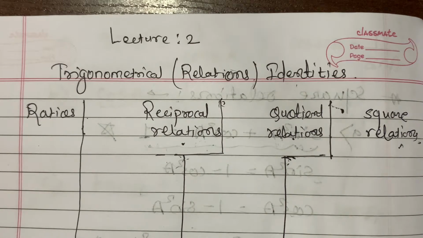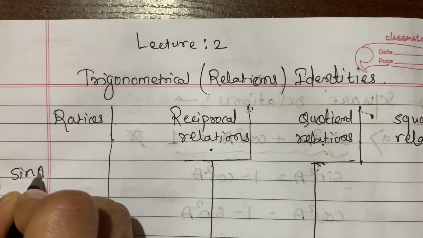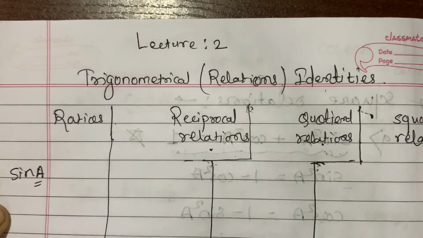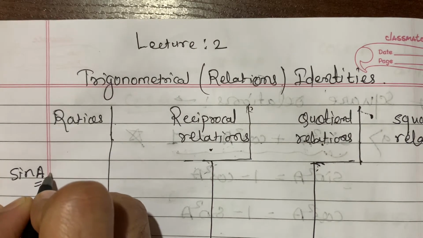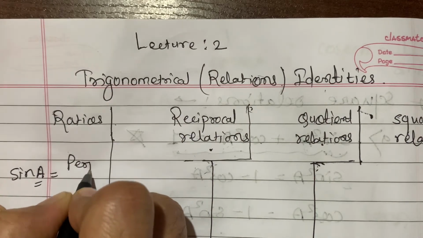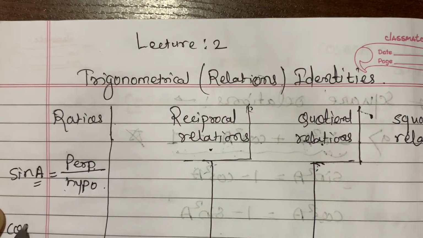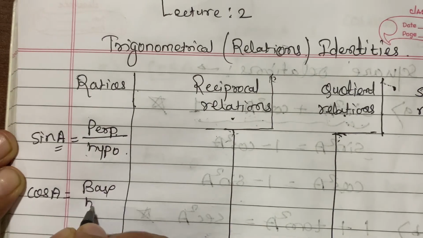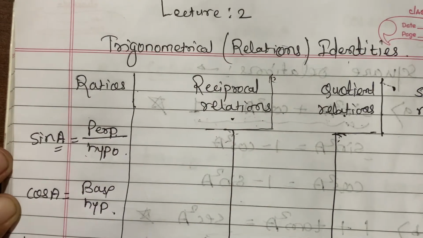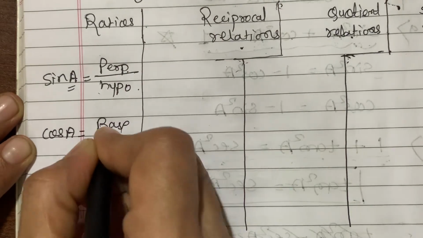So what are the basic trigonometrical ratios? The first one is sine A, where A is any acute angle. Sine A is equal to perpendicular upon hypotenuse. Cos A is equal to base upon hypotenuse. Tan A is equal to perpendicular upon base.